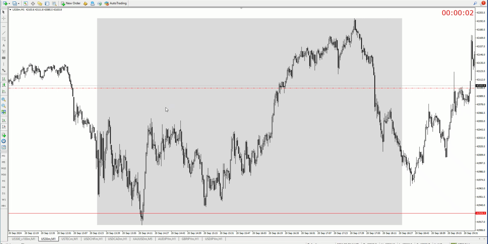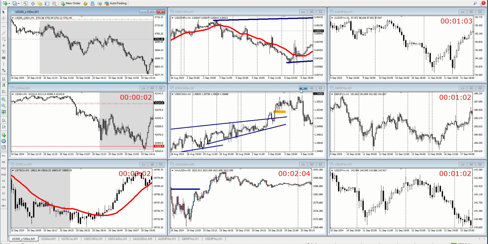So guys, what I do is I open them at the same time and I compare them. Let me show you an example of what I do. I can put them like this.